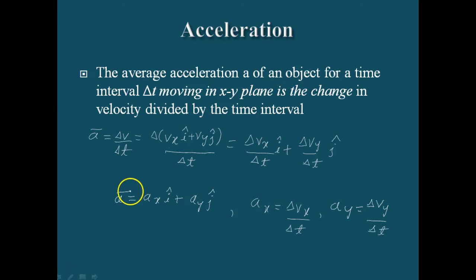So the average acceleration of an object for a time interval delta t moving in the xy plane is nothing but the change in velocity divided by the time interval, that is delta v by delta t.